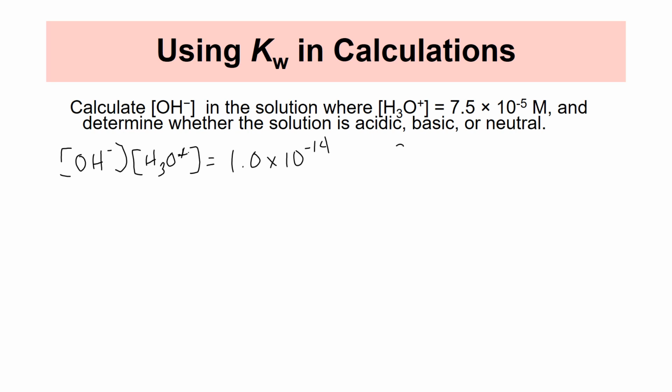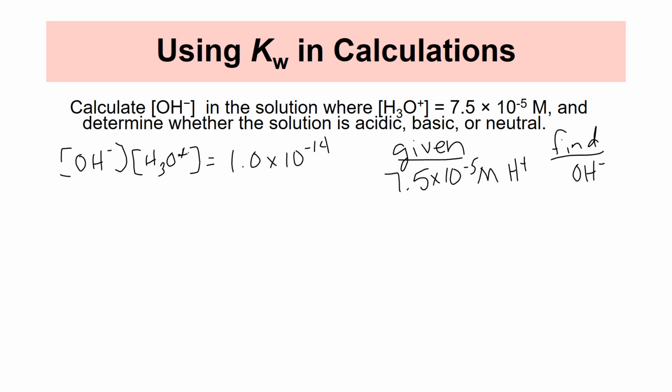Okay, let's think about our given and our find. Given, we have 7.5 times 10 to the minus 5th molar of the H plus, and our find is the OH minus. Okay, so we'll put this number right in here for our H3O, and we'll find the OH.